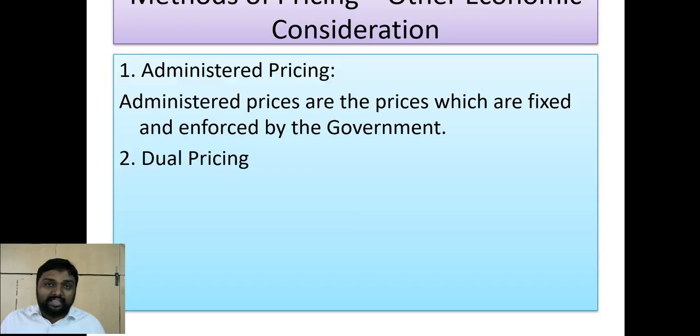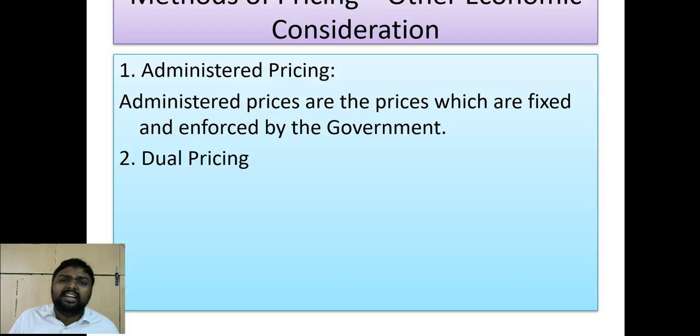Dual pricing. What is the meaning of dual pricing? In the same market, that means in Chennai itself, not Chennai and Pondicherry. Chennai and Pondicherry is called price difference. But in the same market, same product, two prices.